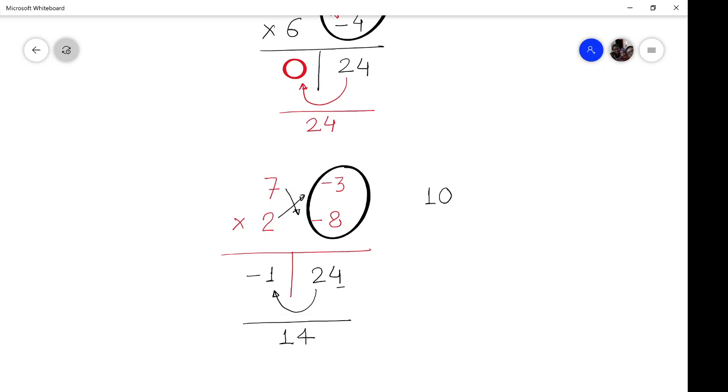So friends, remember, first you have to identify the base. Once the base is identified, you have to write down the difference of these numbers from the base. Then you have to multiply them, and you have to cross add.